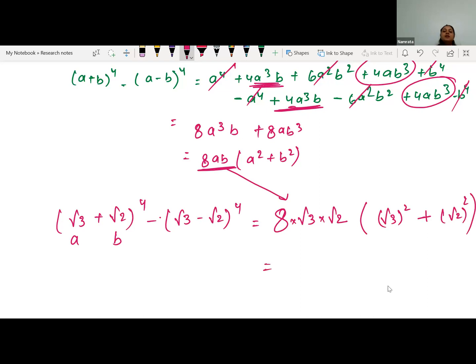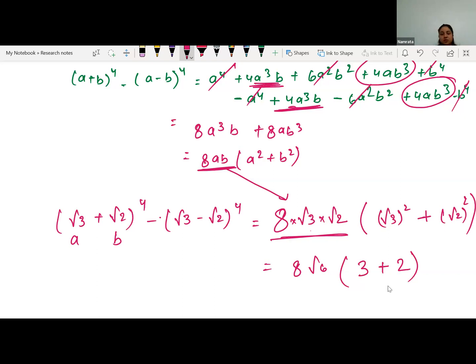Let's simplify it. We will have 8 root 6 over here, because roots will get multiplied with each other, but we cannot multiply 8 with the under root term. So it will be 8 root 6. In bracket it will be 3 plus 2. Is it clear? Yes, ma'am.